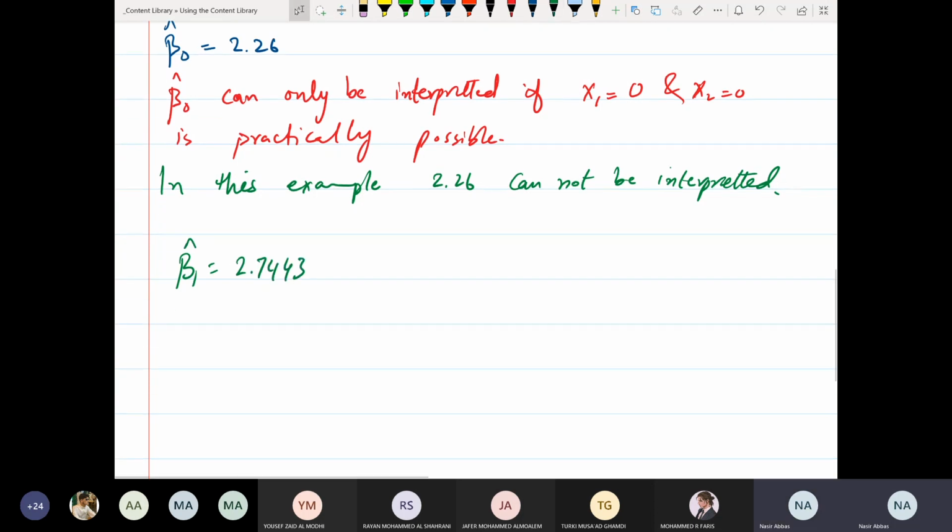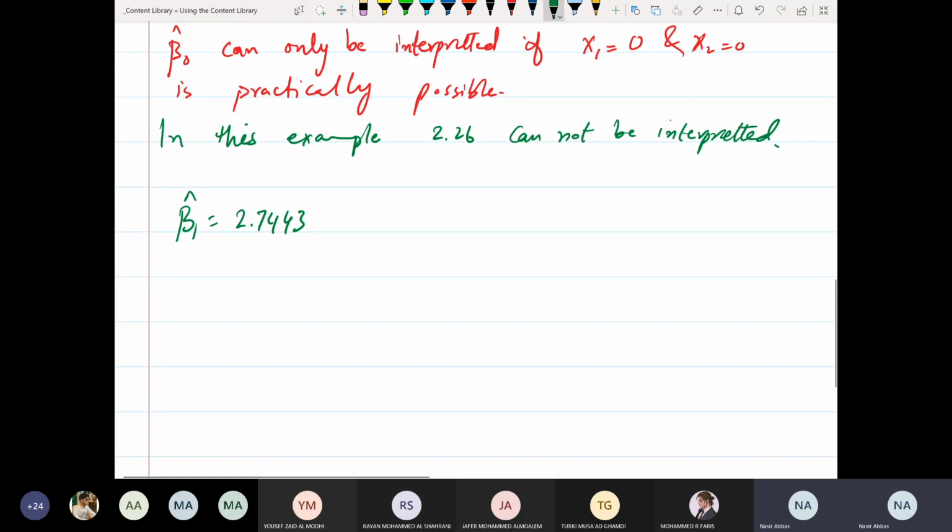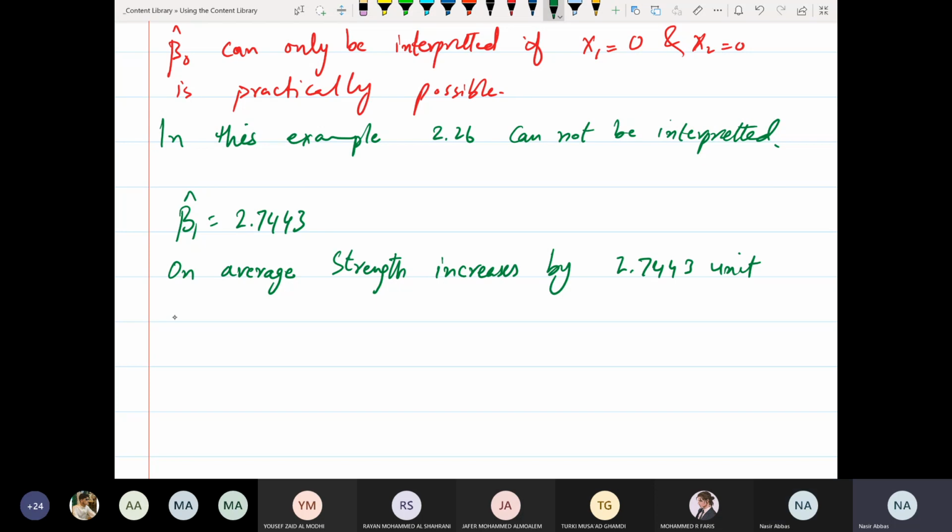The meaning of this beta 1 hat is that on average, strength increases by 2.7443 units due to 1 unit increase in length, comma. This is the exact same interpretation we did in chapter 11.